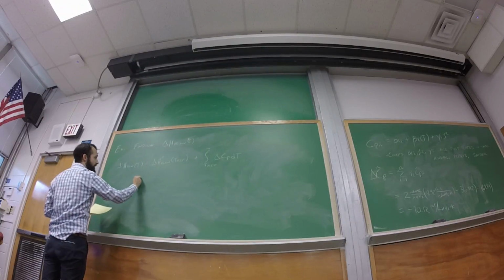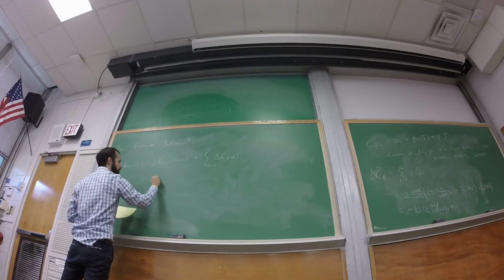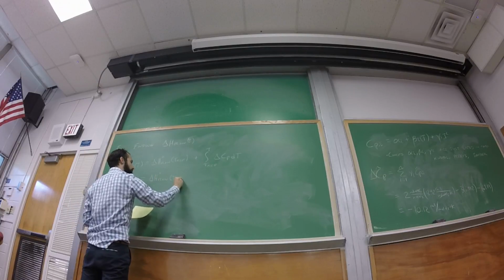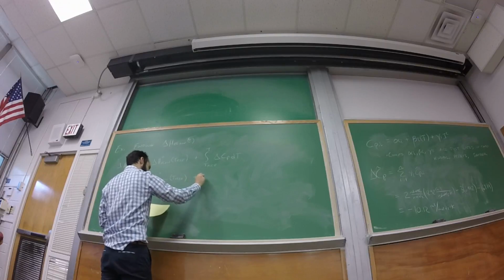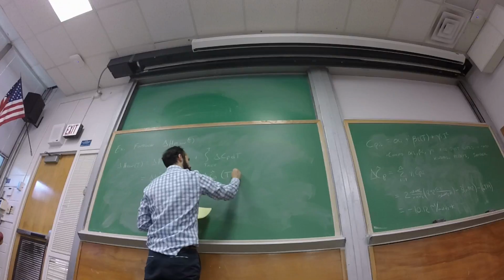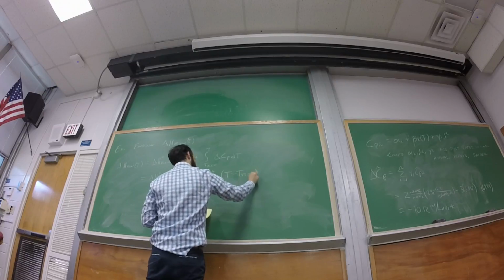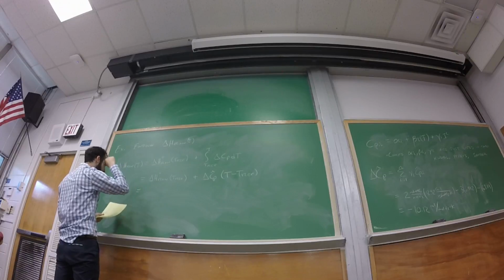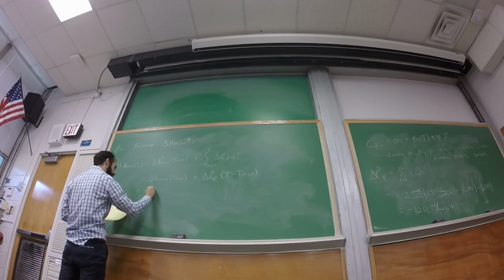But now I can replace that term with this one to make my life a lot easier. And if I substitute in for everything that we have, we get a value of negative 97.